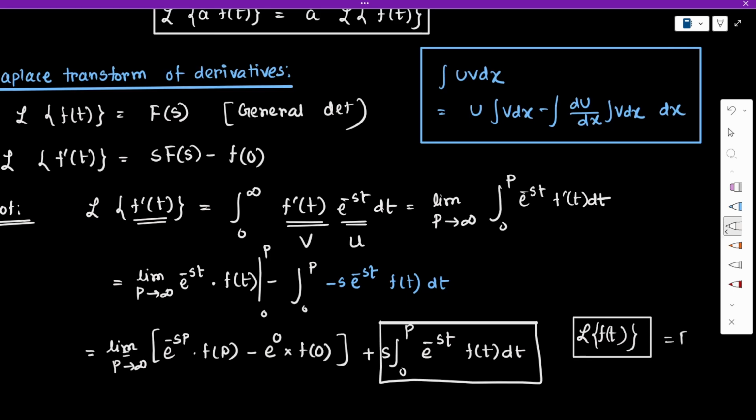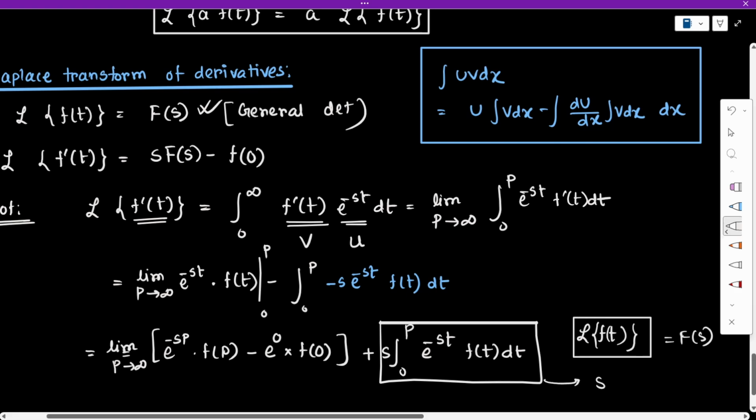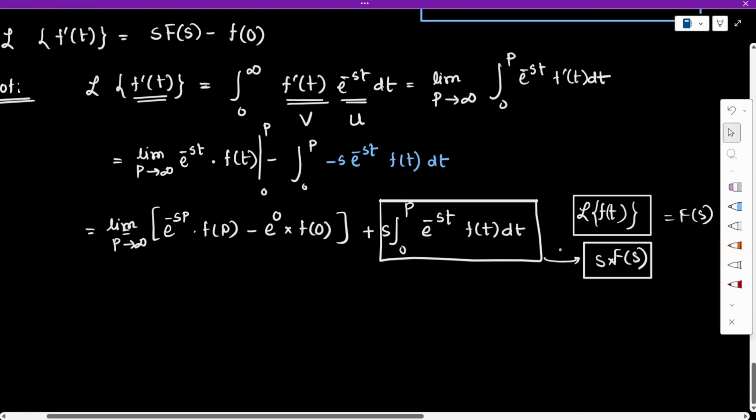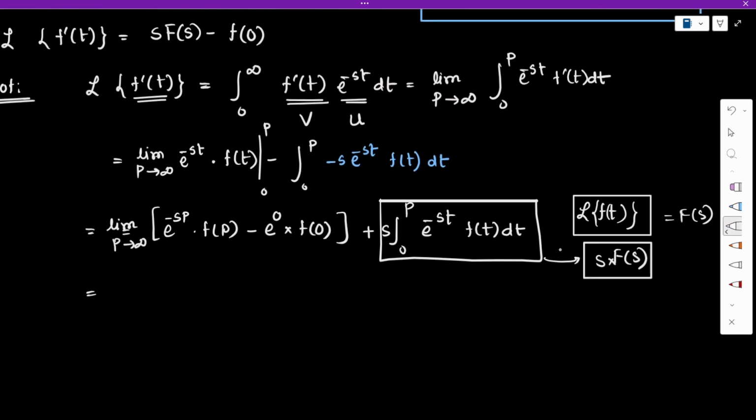So we can easily say that if the Laplace transform of f of t is F of s, which we stated at the beginning of our proof, then we can say this portion is s times F of s. So this portion is sorted out, and what of this portion? E to the power negative sp, with p going to infinity, e to the power negative infinity is equal to 0.